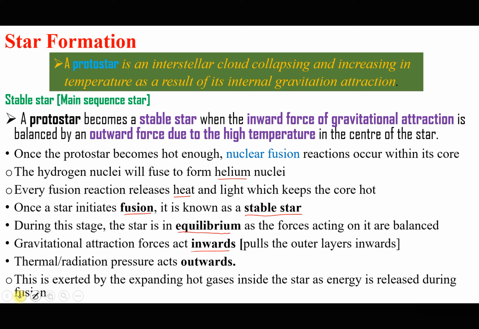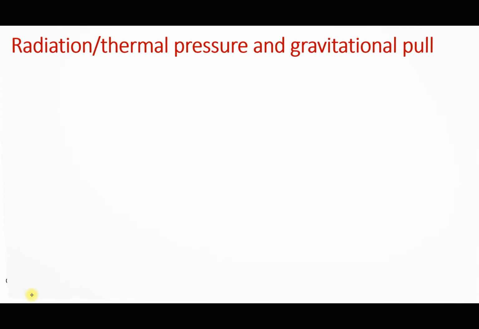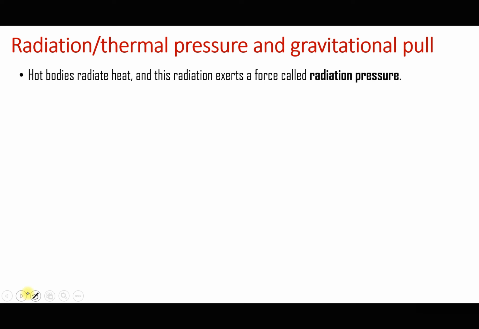Briefly, let's talk about the radiation pressure. Hot bodies radiate heat, and this radiation exerts a force we have already called the radiation pressure. Once the object is hot, it gives out heat, and this radiation is normally called radiation pressure.